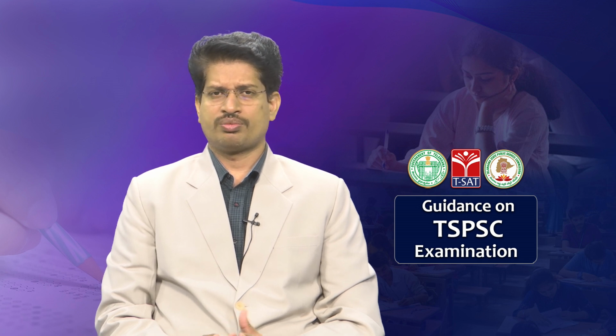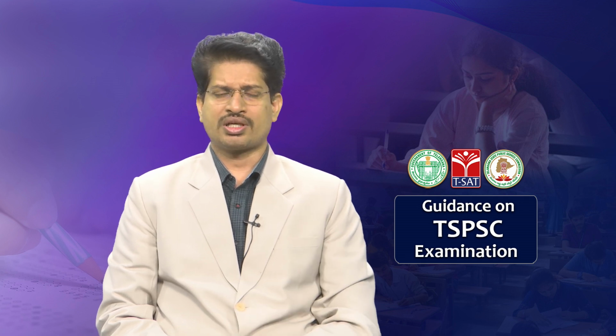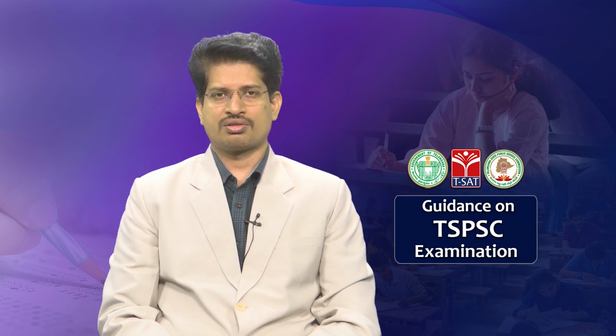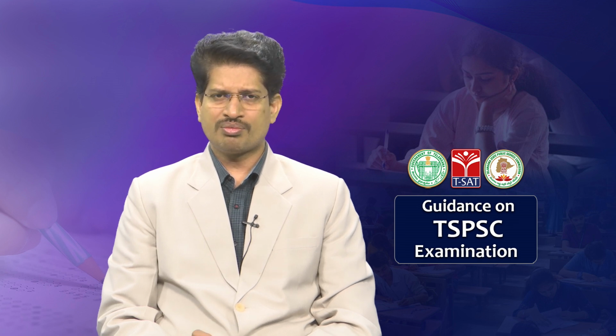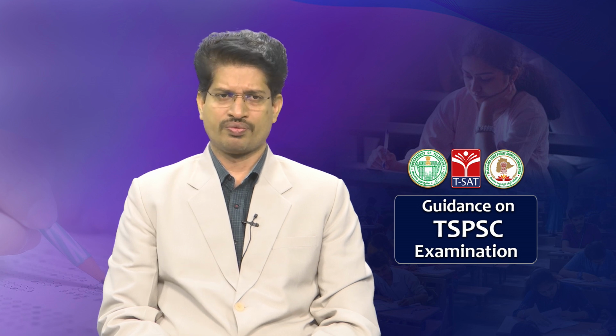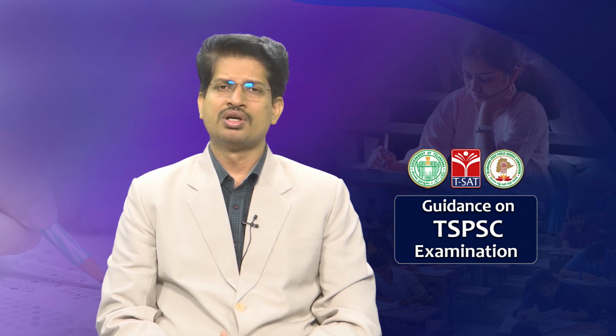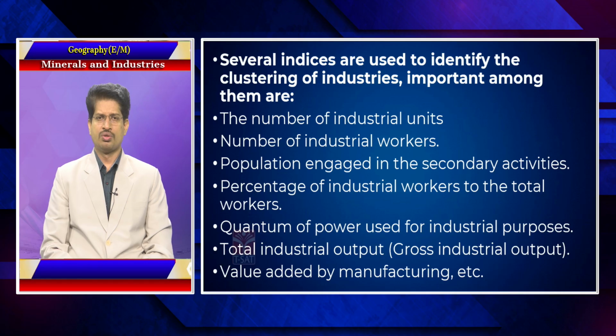Similarly, for example, when you establish a textile industry, dyeing industries come, manufacturing colors. In this process, the linking up of different related industries establishing themselves in the surroundings leads to the development of industrial regions. Several indices are used to identify the clustering of industries.